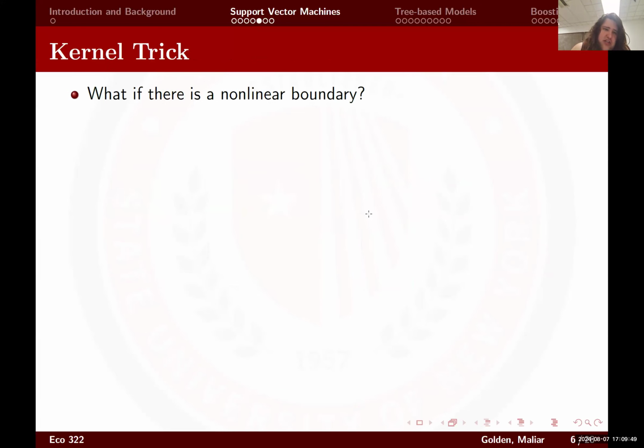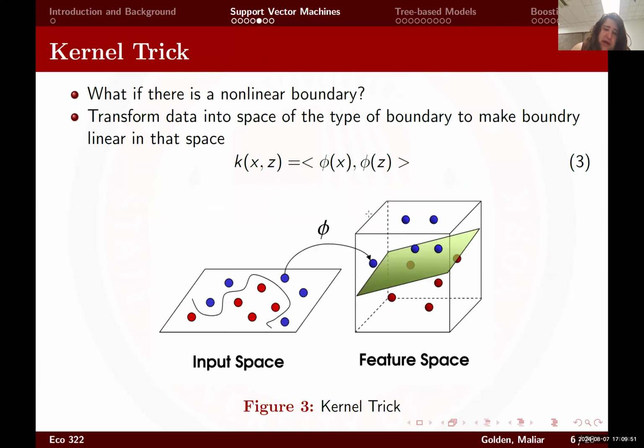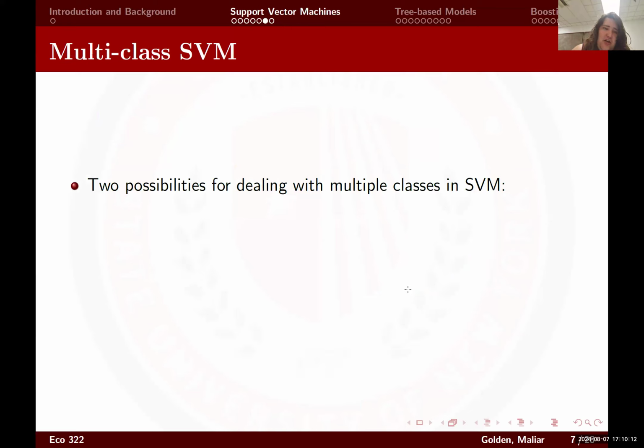So what if there's a nonlinear boundary? And this is what makes SVM so special. You transform the data in the space of the type of the boundary to make the boundary linear in that space. So there's an input space with this nonlinear boundary, and then you transform the data into the feature space, and now you can deal effectively with that nonlinear boundary.